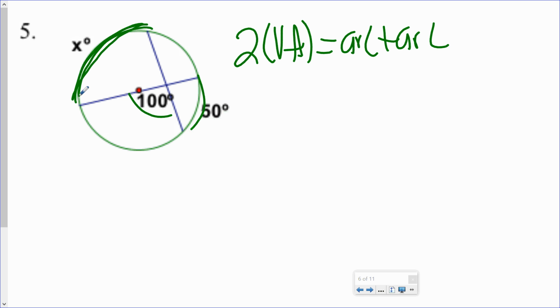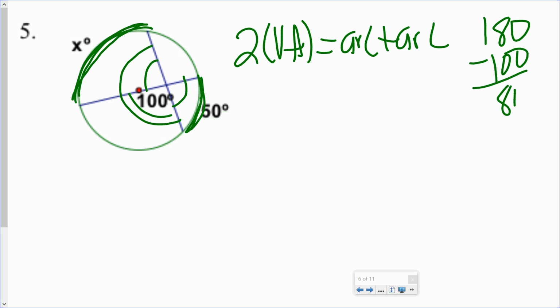These arcs correspond to these vertical angles. I don't have them. This 100 is not the vertical angle that corresponds to those arcs. But, good old linear pair, I can do 180 minus 100 to get 80. So that one has to be 80.